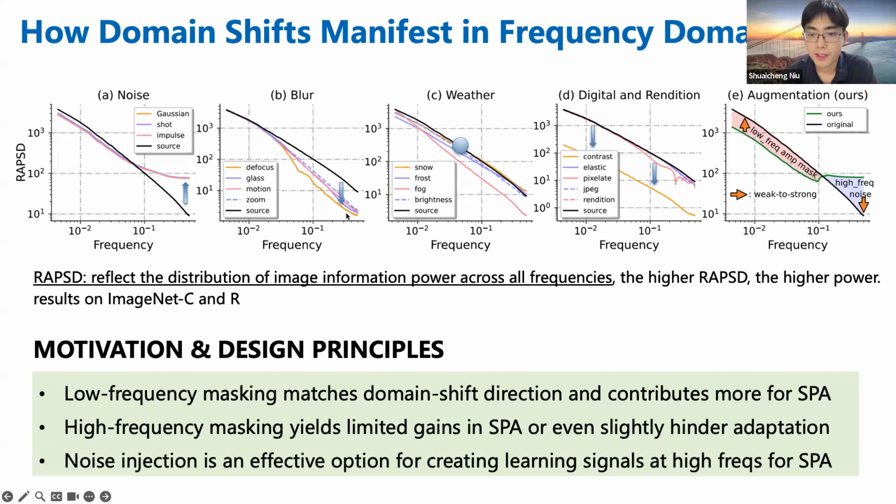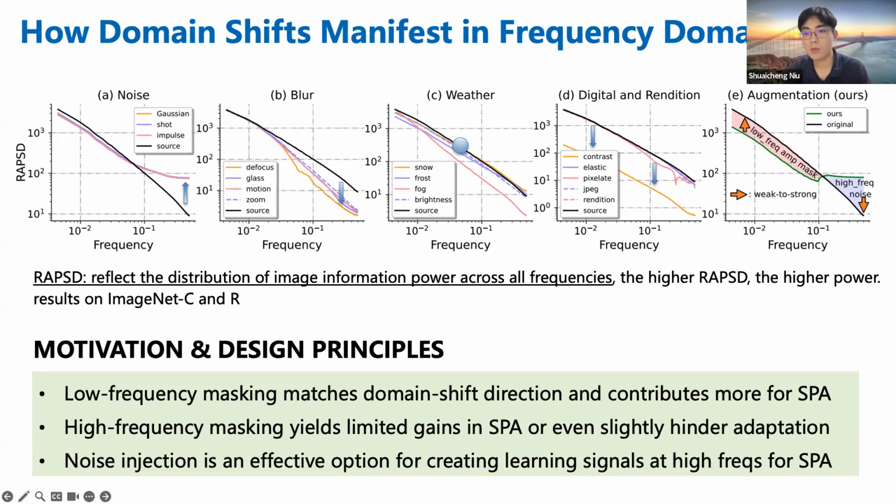In this case, masking high frequency can only provide very limited learning signals. Moreover, masking on high frequency runs in the opposite direction to some corruptions like noise corruptions that increase it. For these noise corruptions, it would increase the high frequency RAPSD and thus may slightly hinder the adaptation performance.